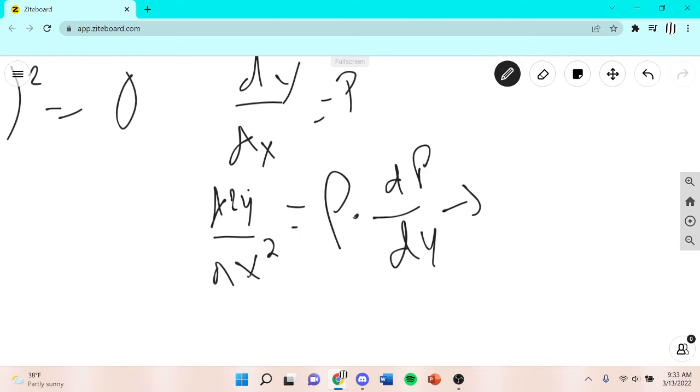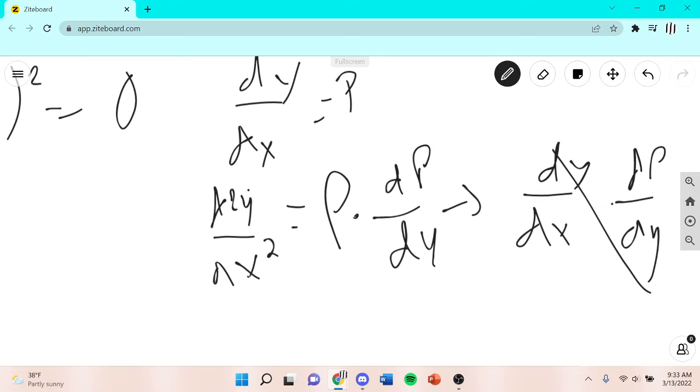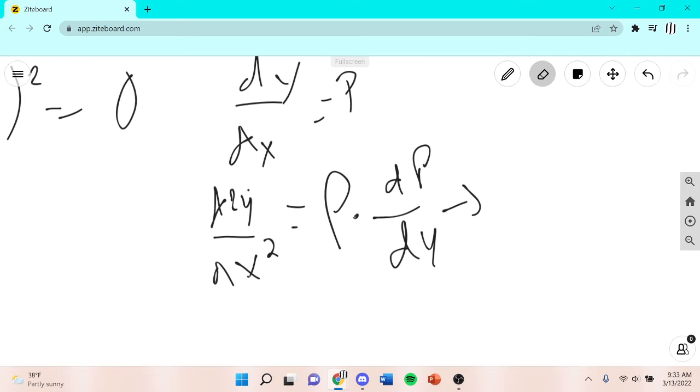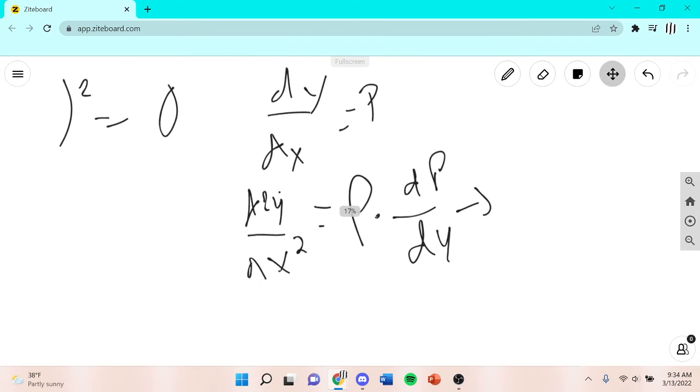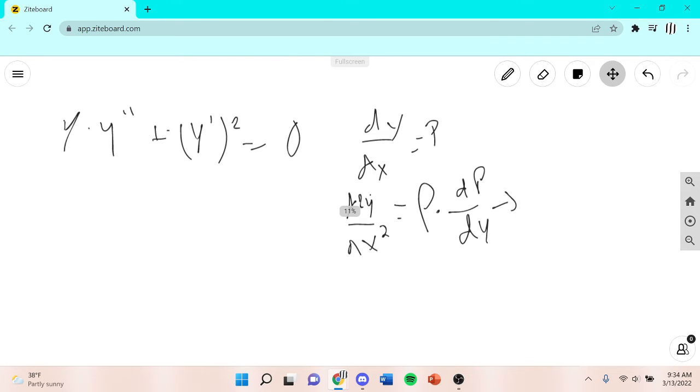Because if p was dy over dx, it's dy over dx times dp over dy. These cancel out, so it just becomes dp over dx, which is what we set it to last time. But because we can't use an x term here in any case, those x terms cancel out. So that's equal to that.